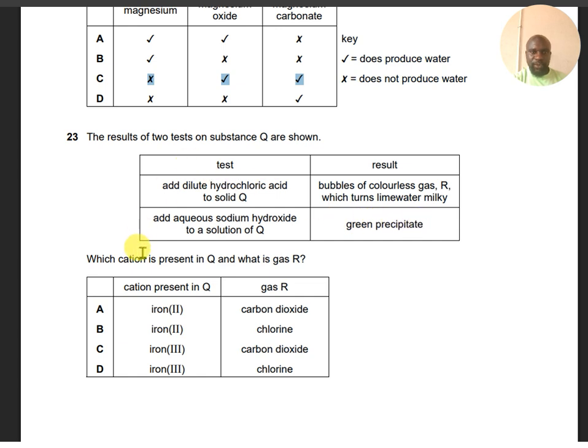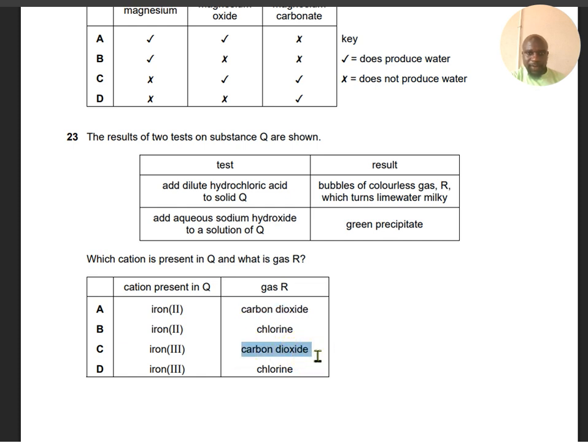Which cation is present in Q and what is the gas on number 23? The only gas which turns limewater milky is carbon dioxide. So from the given options, either option A or option C is the correct answer.